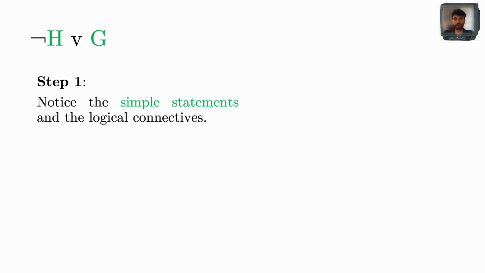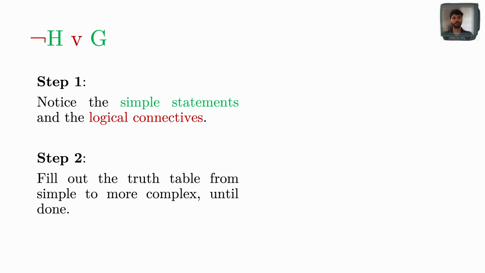And what are the logical connectives? Well, you might have noticed that it's the not symbol and the or symbol. And once we've done this, we can get to the second part, which is to actually fill out the truth table, going from the most simple to the most complex, as we'll see. And you do this until we're done.